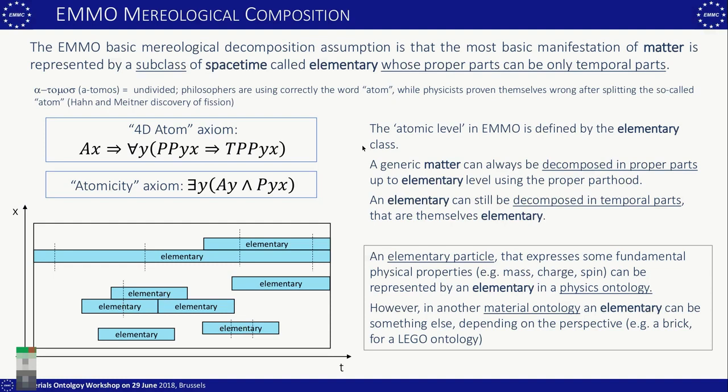This is a completely different perspective that helps us simplify a lot the relations between things and the distinction between geometry and matter. This is an important point that distinguishes the EMMO with respect to other ontologies. The possibility to do this has also been discussed in the BFO, but not implemented.